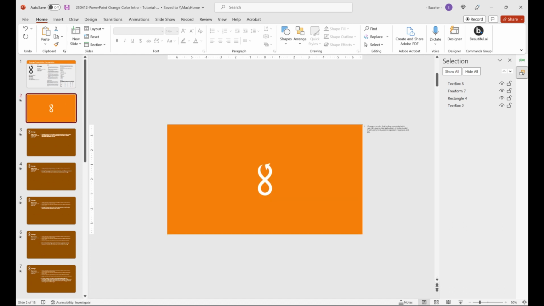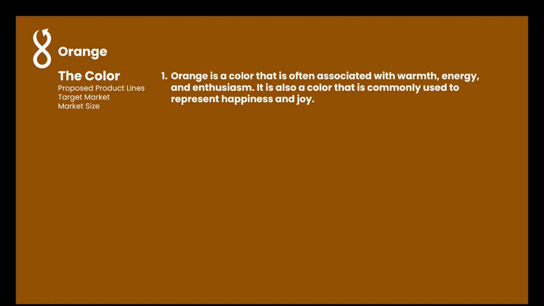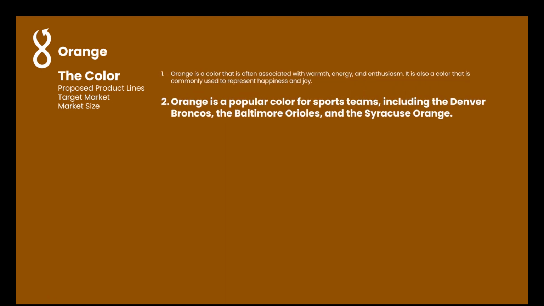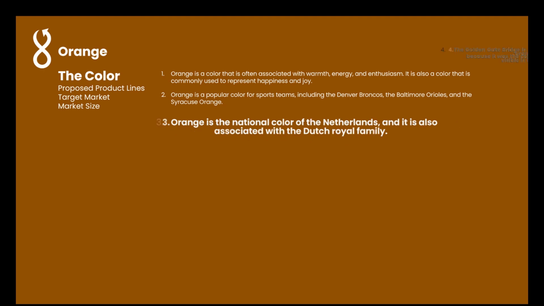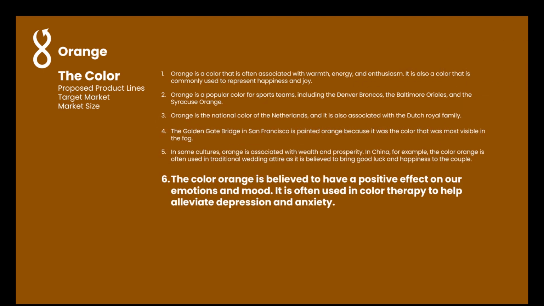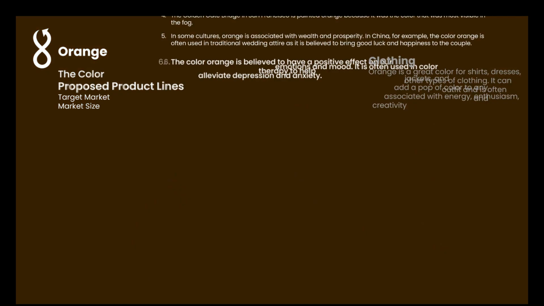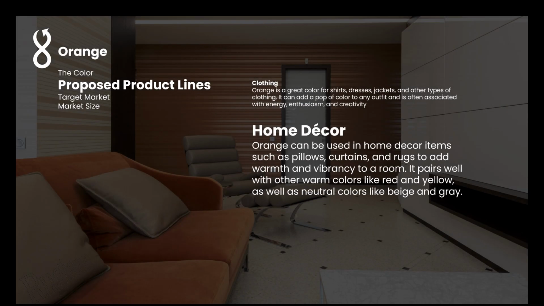Let's save it and let's check the presentation. Alright. Let's move to the next slide. Good, smooth. Second, third, fourth, fifth, sixth, and now we will move to next header. Proposed product lines, very smooth, and it is clothing.